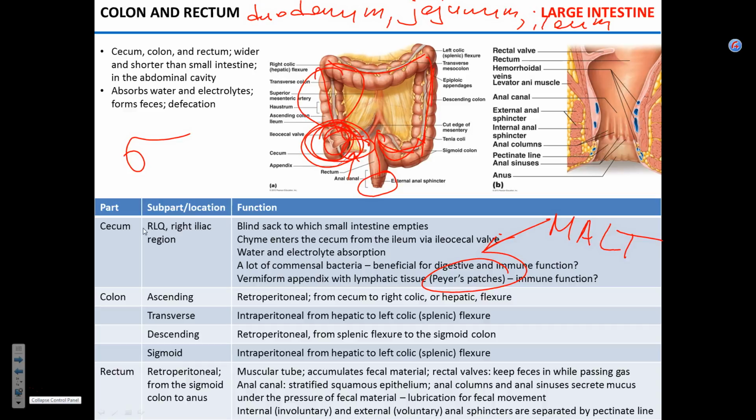Ascending and descending are both retroperitoneal, so they are behind the peritoneum. Transverse and sigmoid are surrounded by peritoneum, so they are intraperitoneal organs. Nothing too exciting is going on there. There's a little bit of water absorption in the colon, but not a lot of excitement.